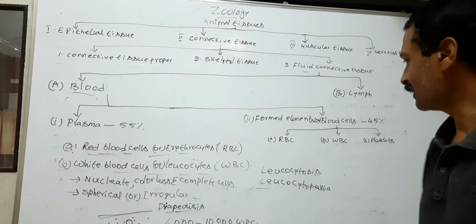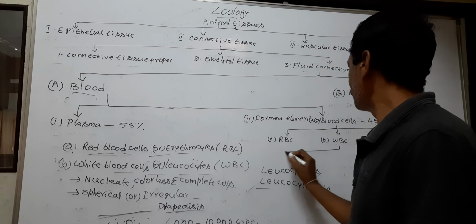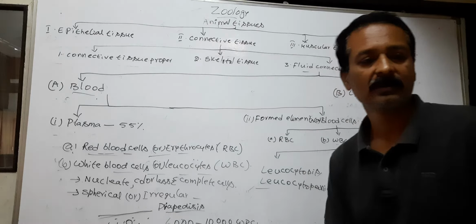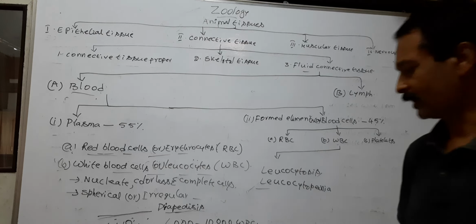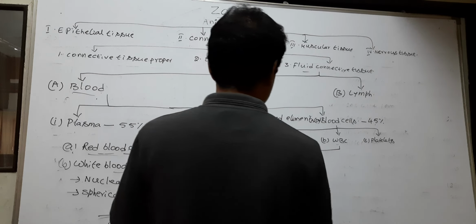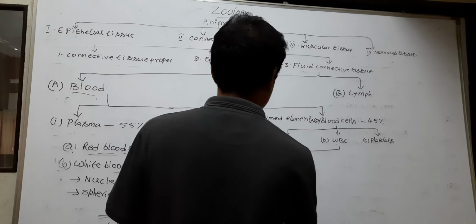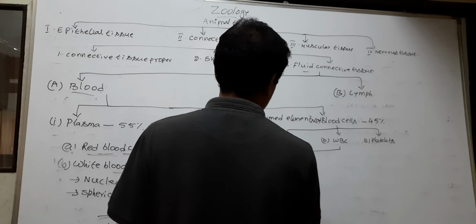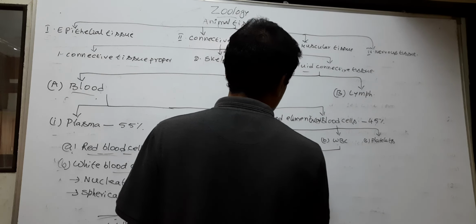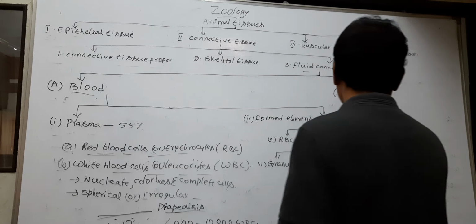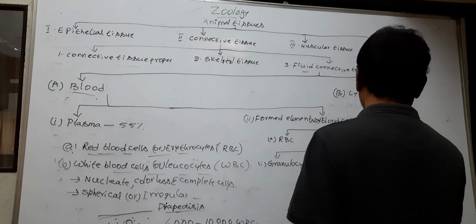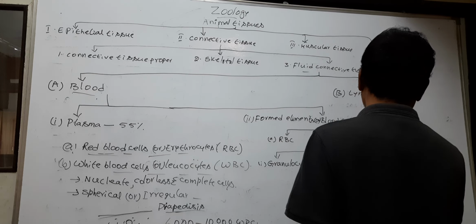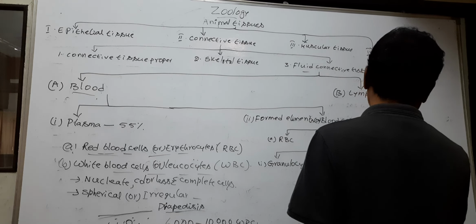So WBC divide into two types: granulocytes and agranulocytes.